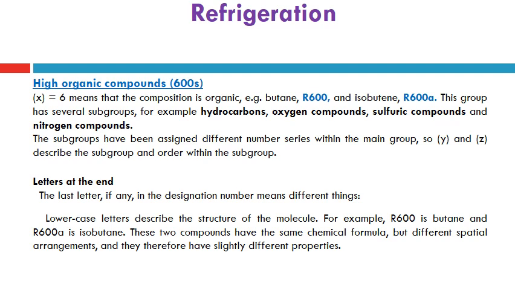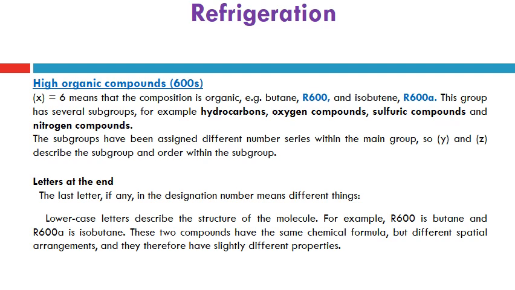Organic compounds of the 600 family, which have X equals 6, mean that the composition is organic, such as butane R600 and isobutane R600a. This group has several subgroups, for example hydrocarbons, oxygen compounds, sulfur compounds, and nitrogen compounds.